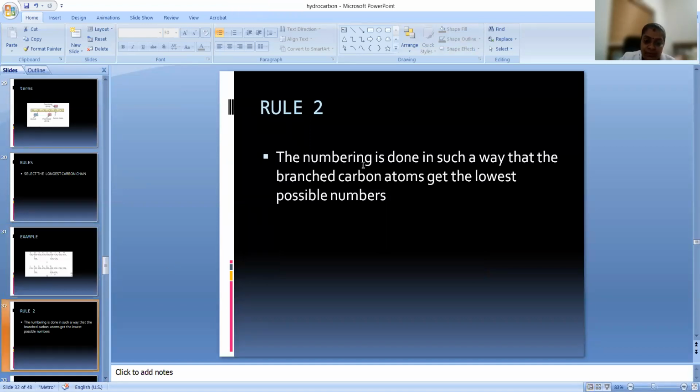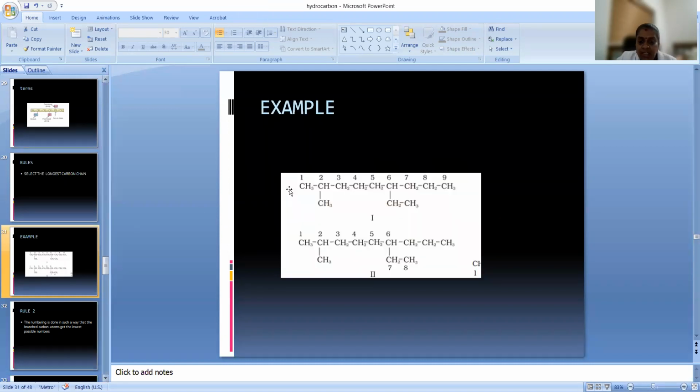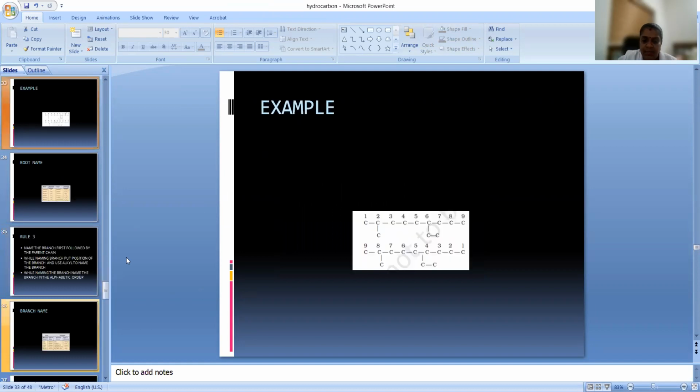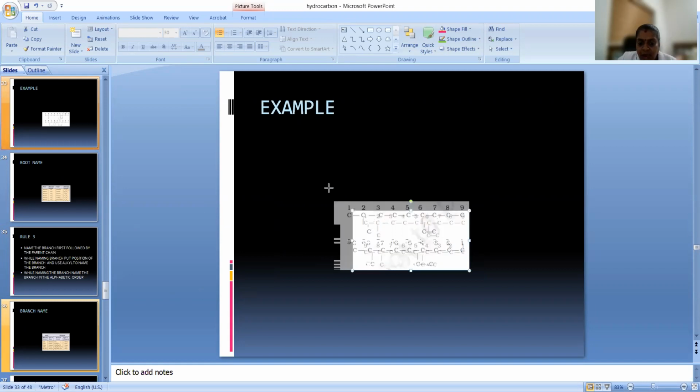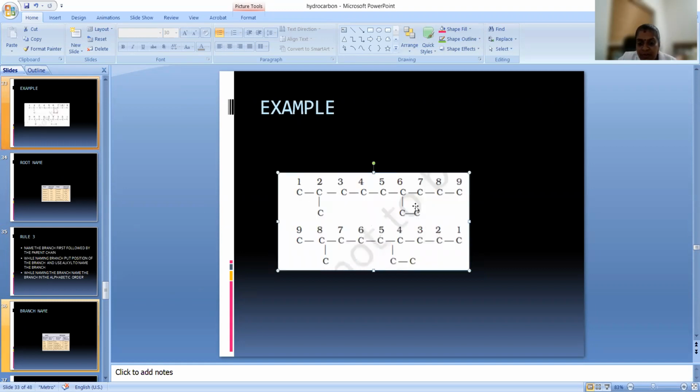Second, the numbering is done in such a way that the branched carbon atoms get the lowest numbers. That's easy to understand. If you take this example, you can see there are 2 branches, right? So you have to number them differently. If you are numbering in this way, here is one branch, here is another branch.